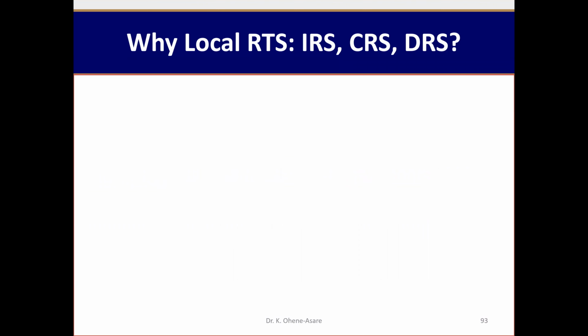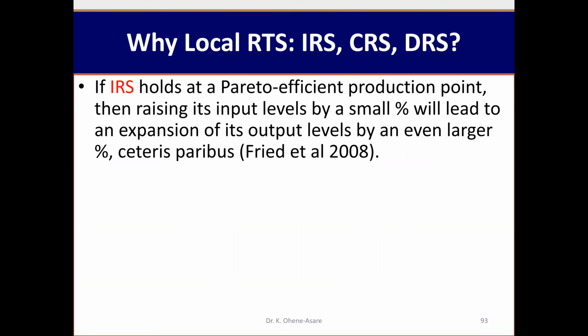So why are we talking about local returns to scale? These are some of the things you need to use to justify before doing returns to scale at the firm level. First, note that if IRS, increasing returns, is holding, what it means is that if you increase the input by a small percentage, the output is going to rise by a bigger percentage, all things being equal.